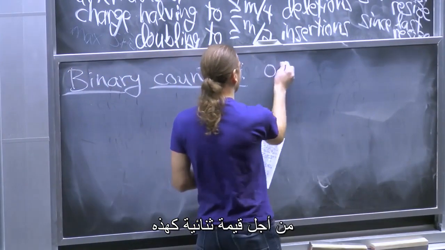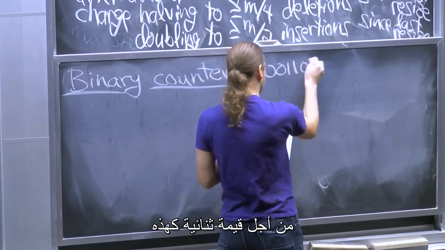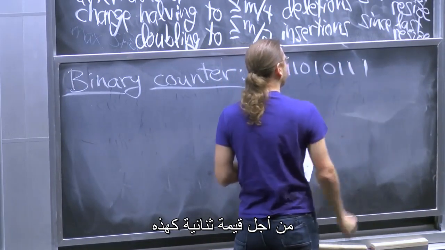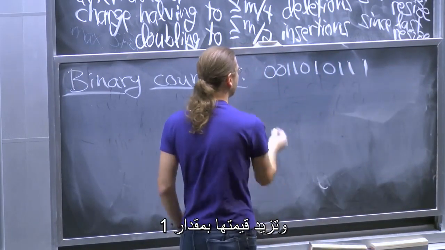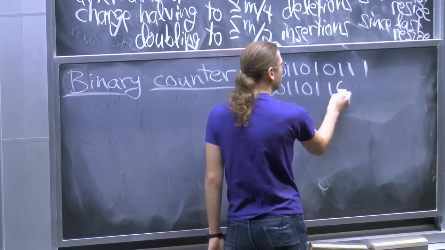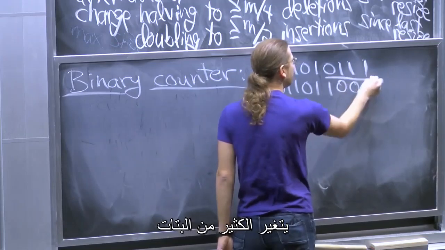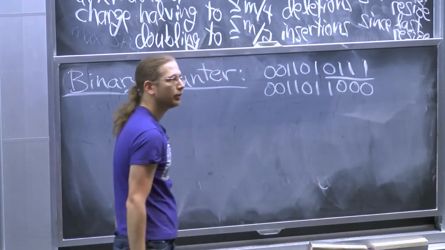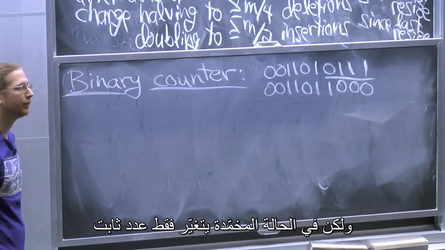So when you have some binary value like this one, and you increment it, many bits change, but only a constant number are going to change in an amortized sense.